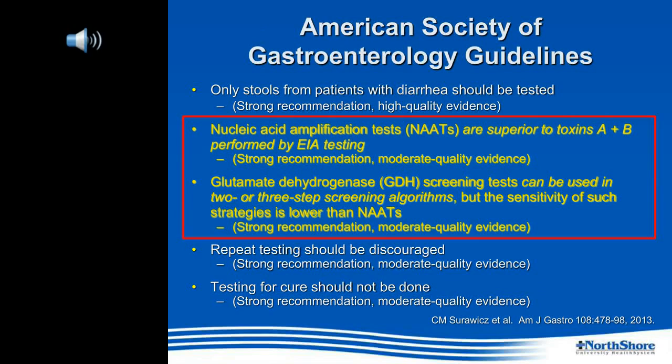So another society has made some testing guidelines for Clostridium difficile infection, and the most recent published ones that I've seen for the U.S. are from the American Journal of Gastroenterology, recommending that the nucleic acid amplification tests are superior to the enzyme immunoassays, and that some of the glutamate dehydrogenase screening tests can be used in a 2 or 3-step screening algorithm, but you will lose sensitivity when you're doing this.